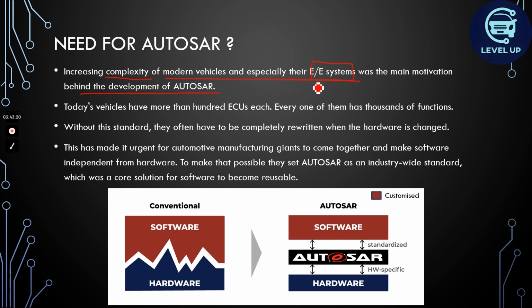For each mechanical thing previously available for vehicle development, electrical and electronic systems have been added along with the mechanical system. That was the motivation of AUTOSAR. Whatever electronics has been added inside the vehicle runs on embedded C software, and that software has day by day increased in complexity.